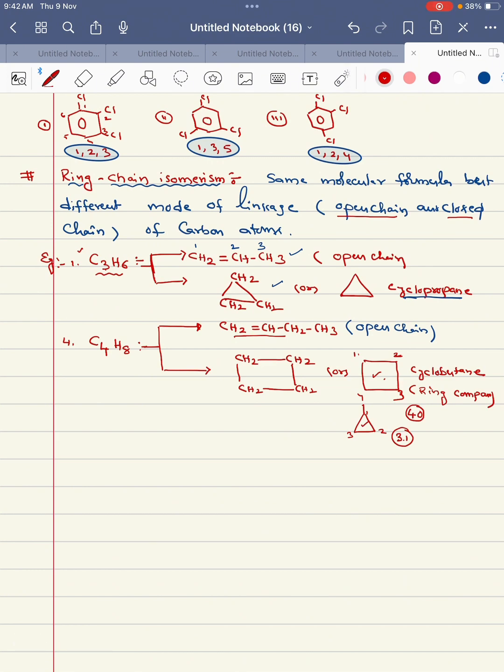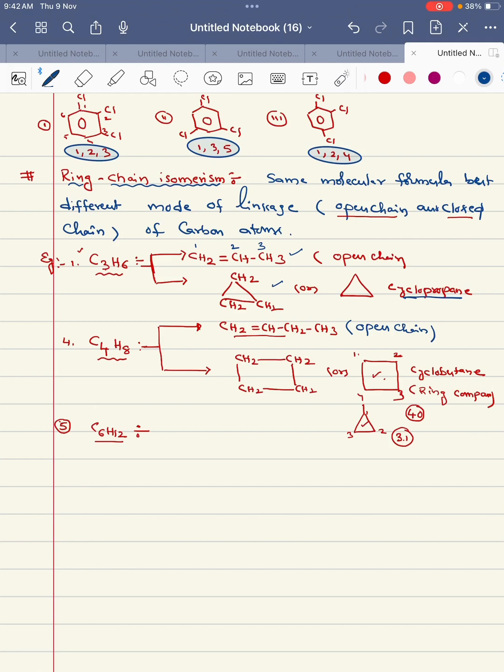We'll go for one more example, the fifth one: C6H12.